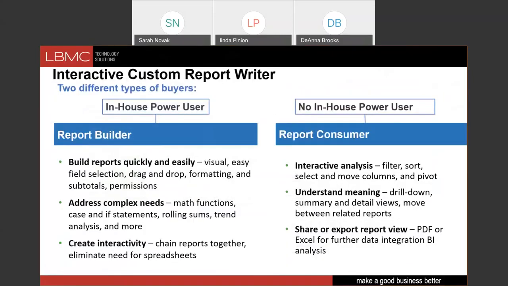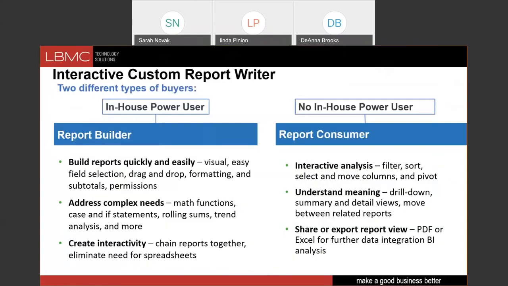Now, again, there's a couple of other things I want to tell you about this report writer. Two different types of users. In most organizations, we found that there are one or two people that are power users, ones that want to create reports, and they also want to be able to execute reports.